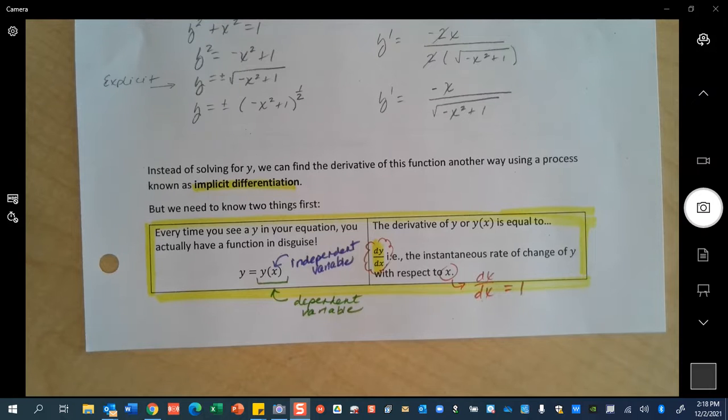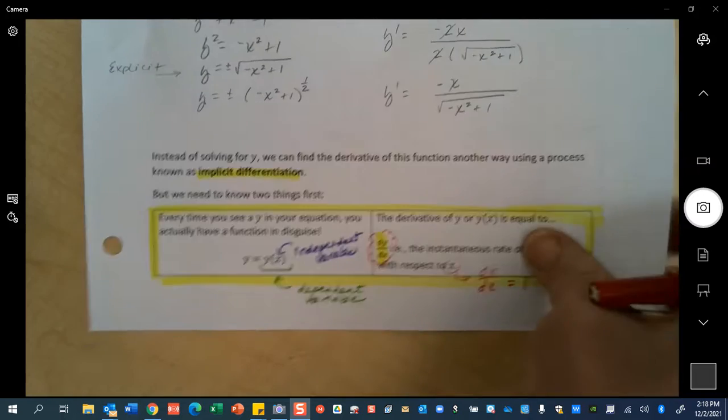If I take the derivative of x, it's the derivative of x with respect to x, and that's equal to 1. So when we take the derivative of our x, that's going to go to 1. Anything times 1 is equal to itself, so we're not going to worry about that. But the derivative of y with respect to x, we're going to have to start paying attention to, because, not to be a spoiler alert, that's what we're solving for.